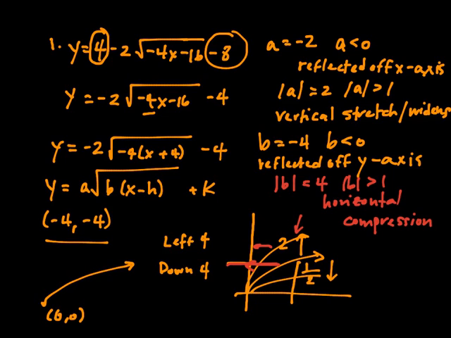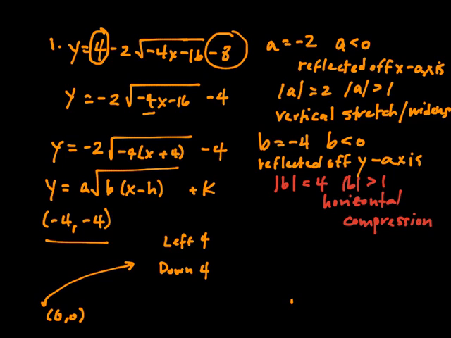Okay? Now, last but not least, we have to find the domain of this. I'm going to go ahead and erase this right here. Okay? Let's see what happened. Now, compression means narrow. It's not going to matter whether it's the vertical stretch or the vertical compression, horizontal stretch, that does not affect domain.